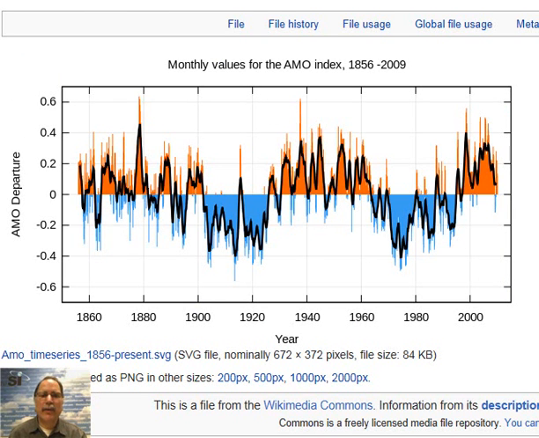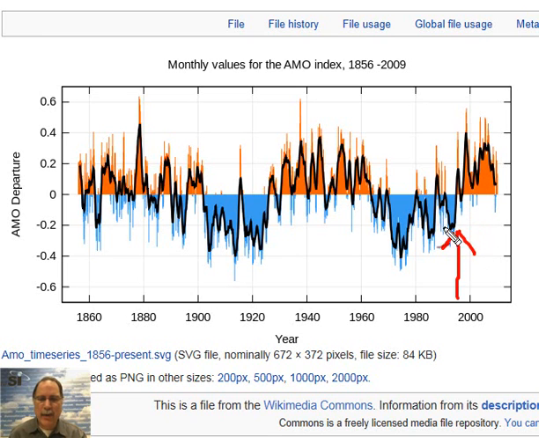Well, before we focus in on the northern hemisphere sea ice anomaly, I wanted to point out the Atlantic Multi-decadal Oscillation, which is an index tracked by meteorologists that tends to correlate well with the sea surface temperatures in the North Atlantic. I wanted to focus in on the mid-1990s, right in this time frame here.